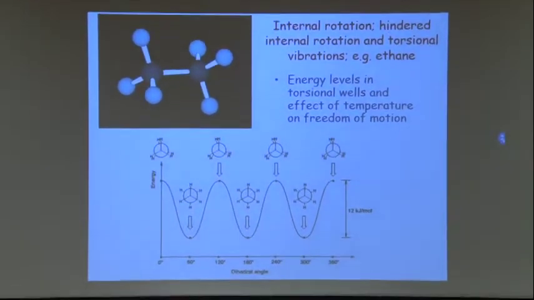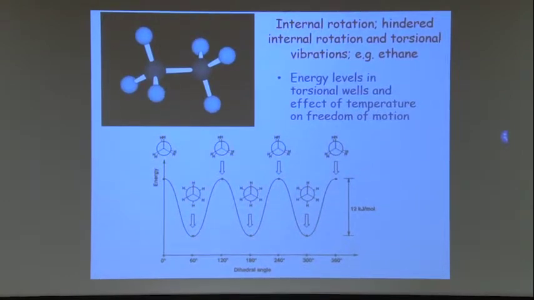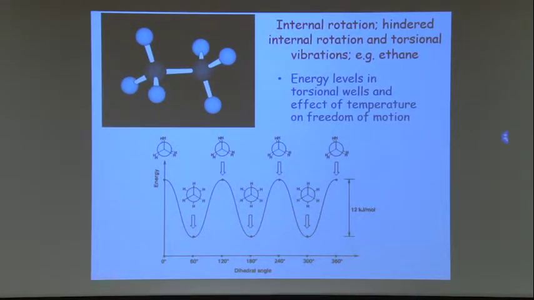Because there are 3 atoms, you can go around 3 times in 360 degrees. And these are the eclipsed ones, and these are the staggered. So the staggered are lower in energy, and the energy barrier is of the order of 12 kilojoules per mole. Now, if we go to very, very low temperatures, then this system will behave like a vibration.